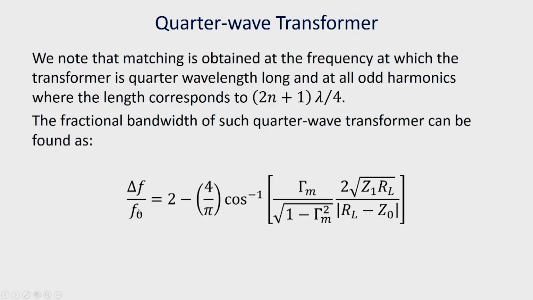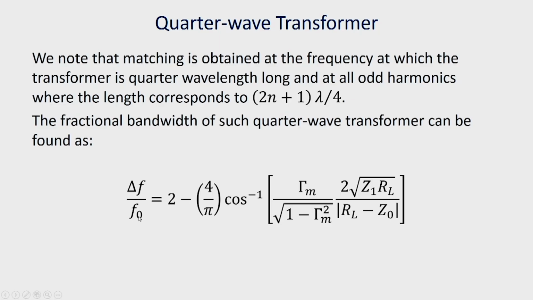Now, as I have told, the length of the quarter wave transformer is exactly lambda by 4 only at the operating frequency f0. At other frequencies f greater than f0 or less than f0, this length will not be exactly lambda by 4, and there will be some amount of mismatch, and we can calculate the fractional bandwidth which is defined by delta f by f0.